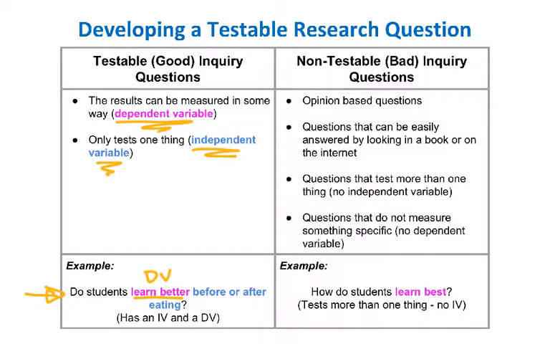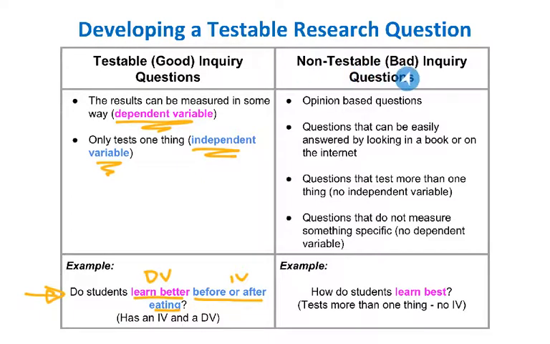And then we are testing whether or not they learn better before or after eating. So when they eat is the independent variable. That's the thing that we're changing and testing, okay? So this question has both an independent variable and a dependent variable, so this would be a good testable inquiry question. We could do an experiment to test this.